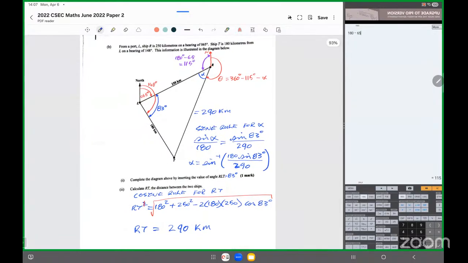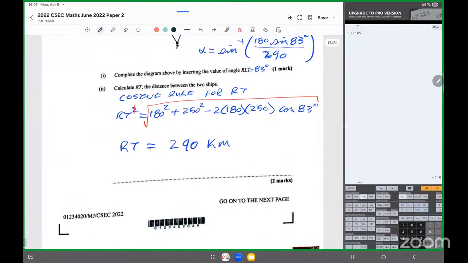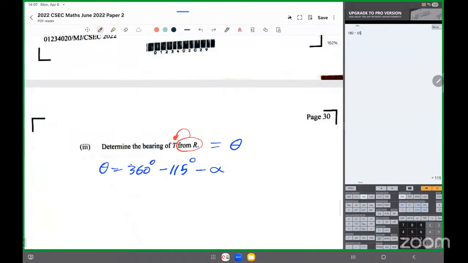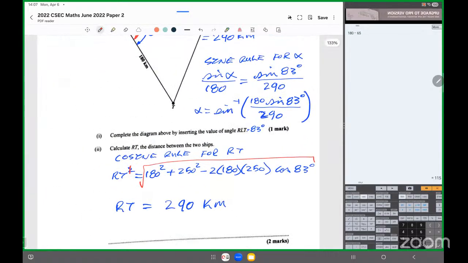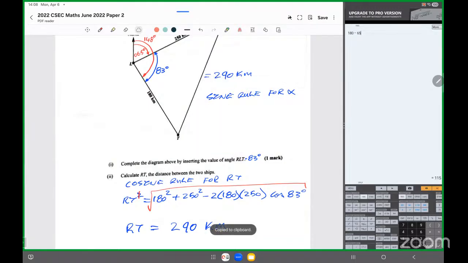I'm going to use sine rule for the alpha, and it is this calculation that we just did right here. Put that and paste it down here.